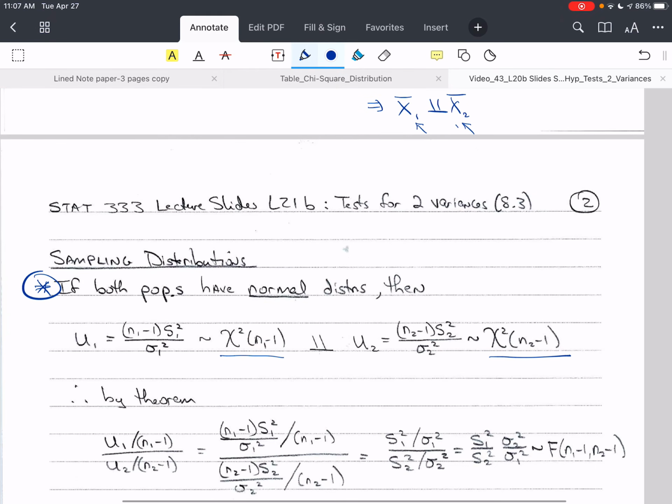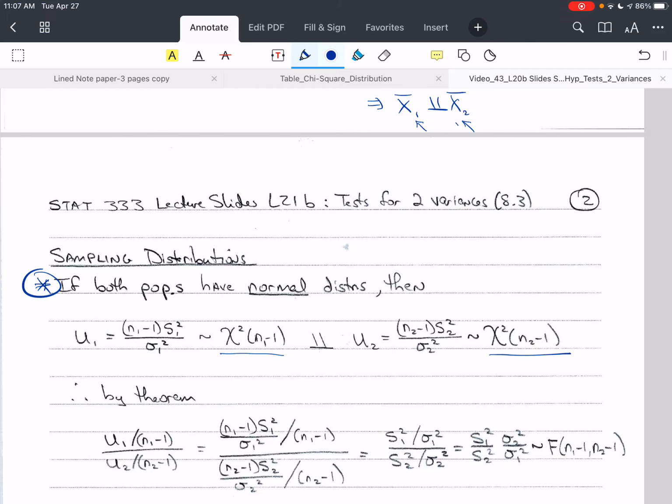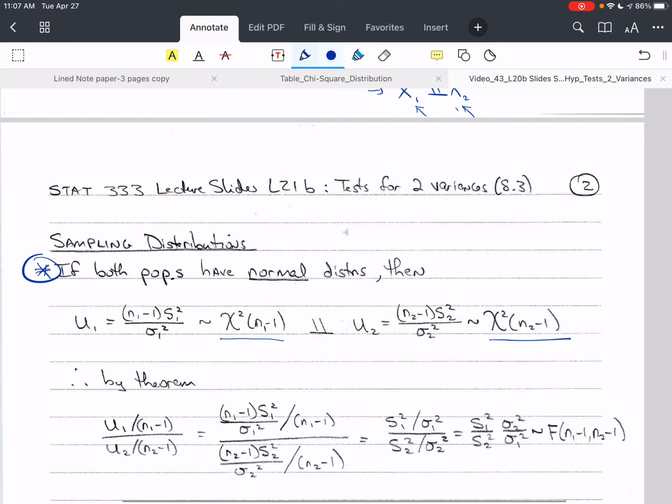And by the theorem, this ratio, U1 over its degrees of freedom, U2 over its degrees of freedom, we substitute in for U1 and U2 here. And what we see is, so here is N1 minus 1, N1 minus 1. N2 minus 1, N2 minus 1.